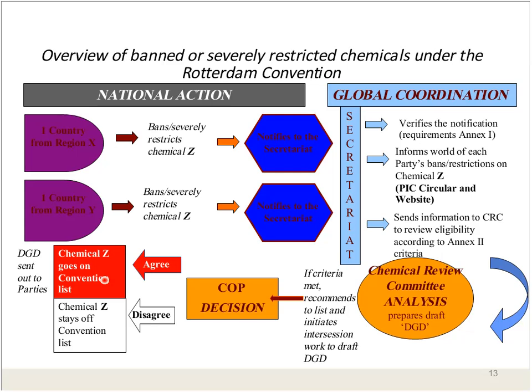If the chemical Z is not listed, it falls into a specific list of chemicals which are recommended for listing, but that the COP has decided not to list under the Rotterdam Convention. And these chemicals are listed in Appendix 6 of the PIC circular. We will see the PIC circular in more detail later on.